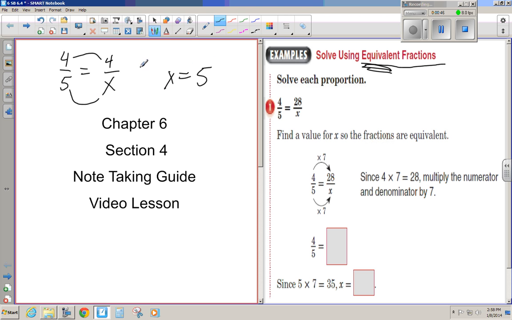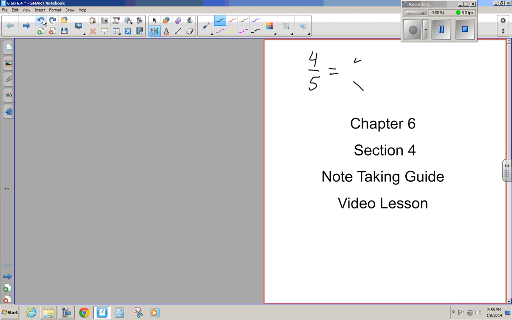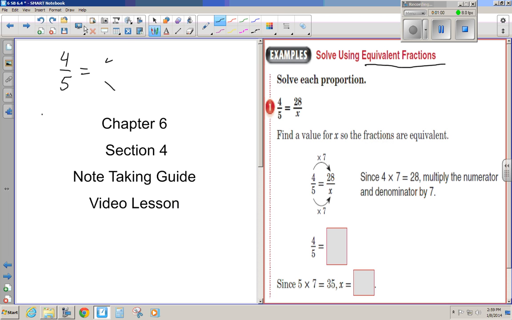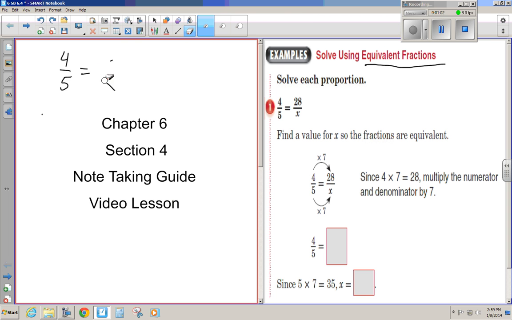So if instead of 4 you ended up with 8 over x, well, 4 has been doubled. Therefore, 5 turns into 10.